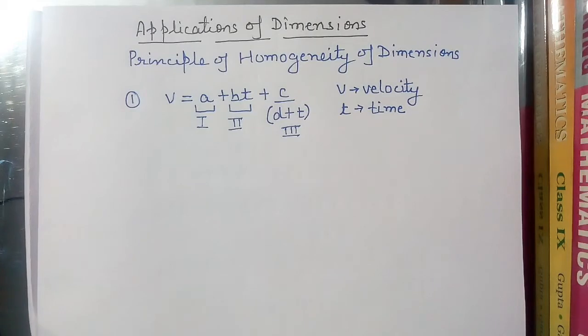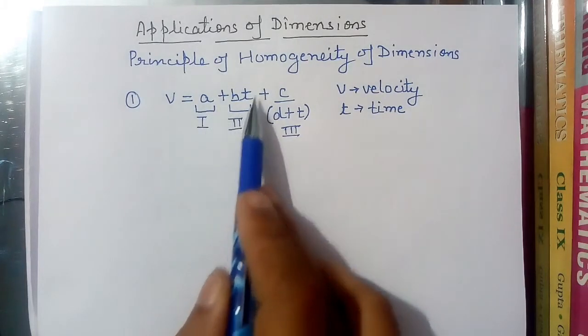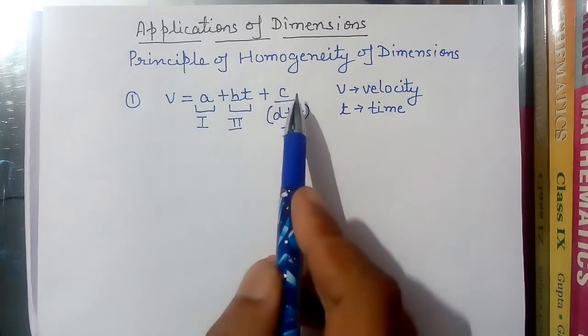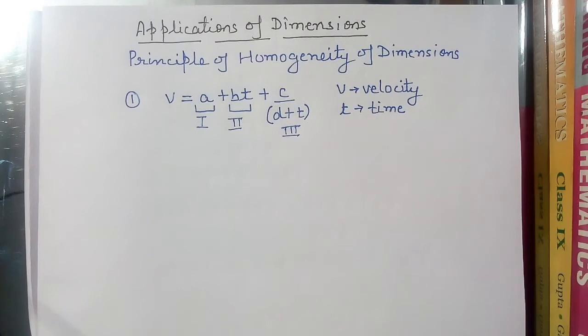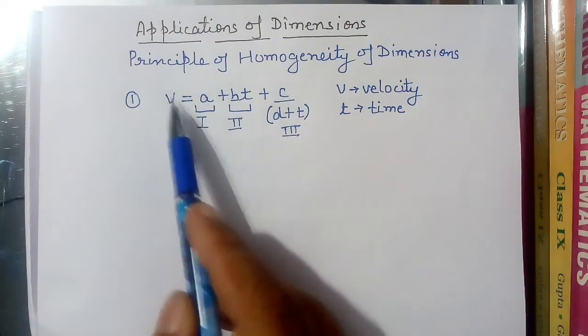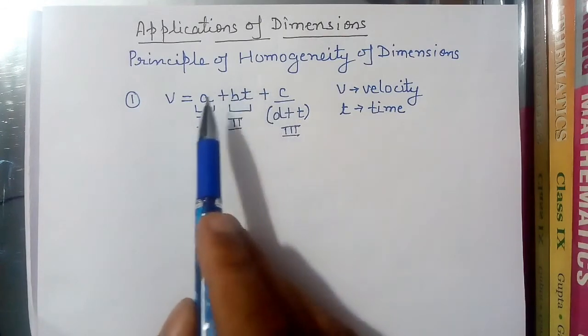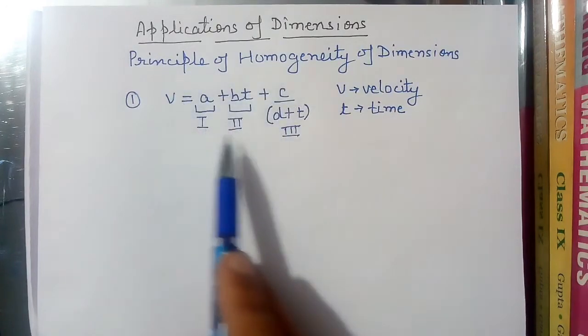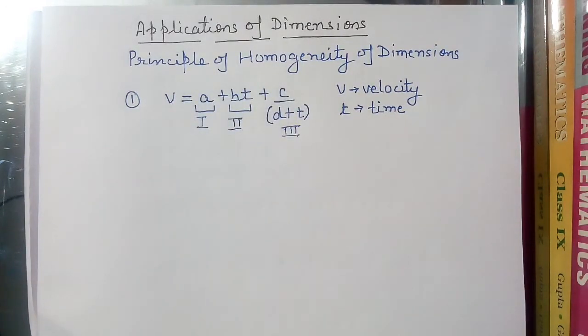One thing I want to explain here is that each of these complete terms individually represents velocity. If we add velocity with velocity again with velocity, the resultant will be velocity. So the first, second and third terms individually represent the velocity of a particle.